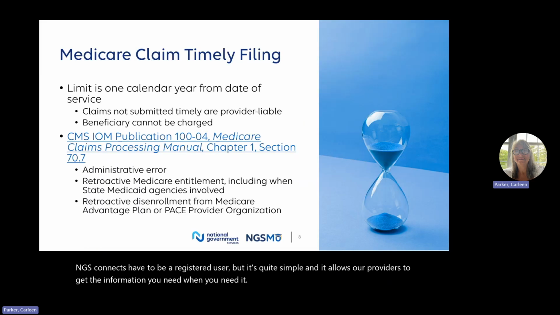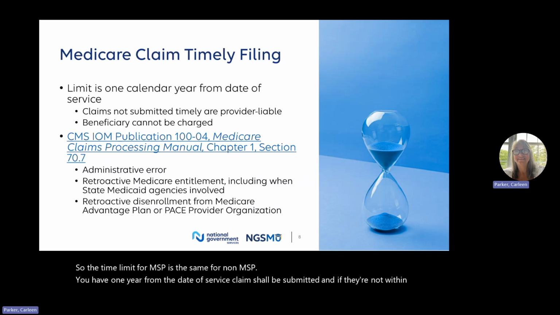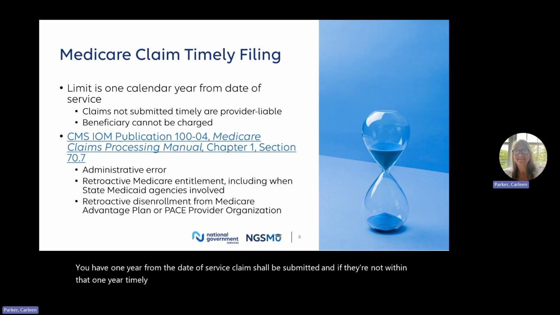With that said, the time limit is of importance, right? The time limit for MSP is the same as for non-MSP. You have 1 year from the date of service. Claims shall be submitted within that 1 year timely filing, and if they're not, it becomes provider liable, and beneficiaries cannot be charged.